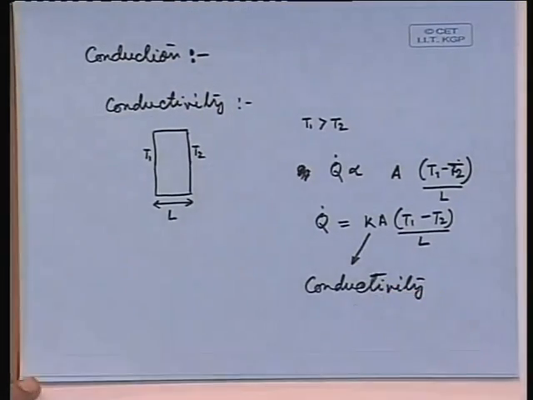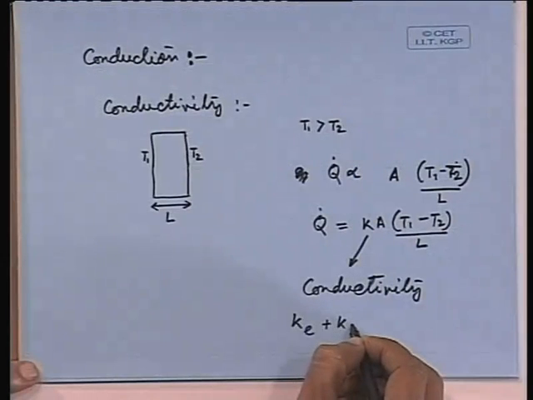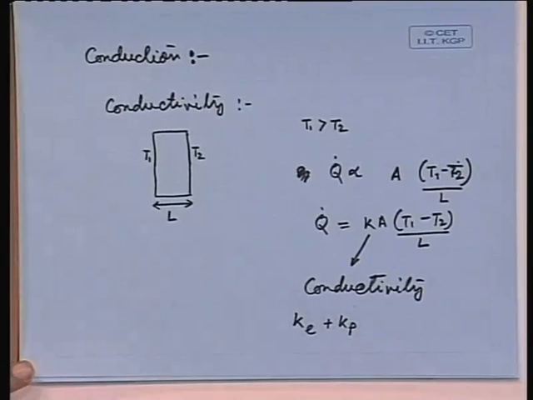So, what I was discussing is that for conduction two phenomena are important, one is free electrons and another is phonons. Similarly, we can define that conductivity is due to the conductivity of electrons and due to the conductivity of phonons. So, one can write this as a summation of Ke plus Kp.